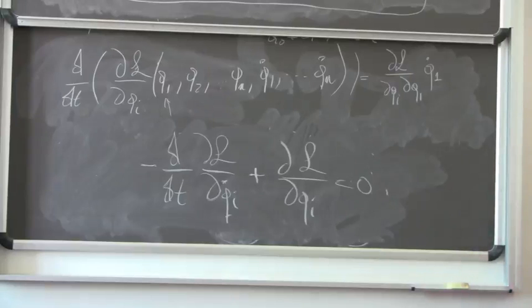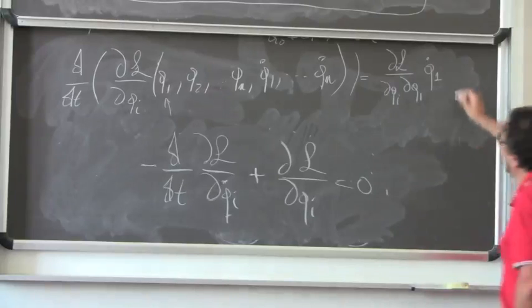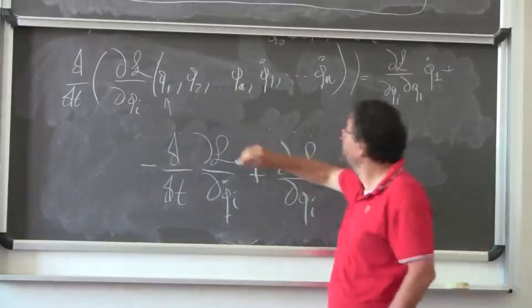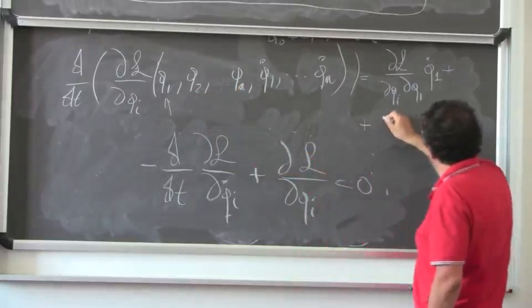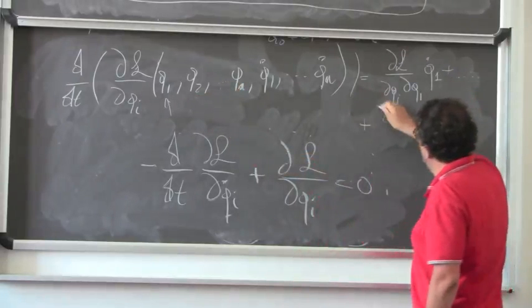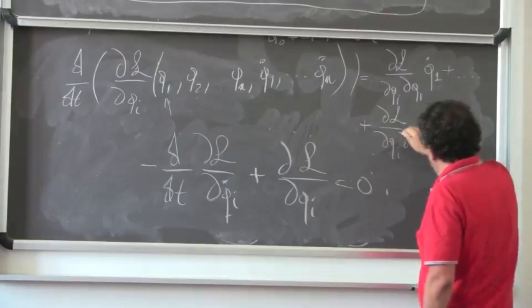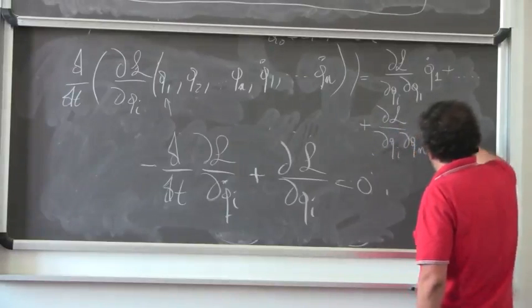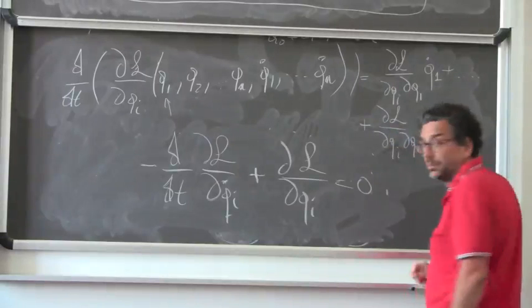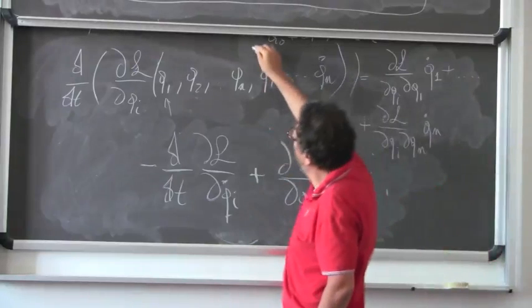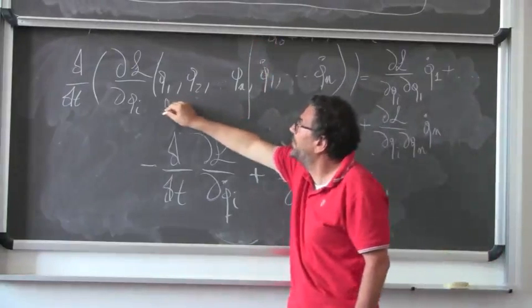Okay? You agree? This is the derivative of composed functions. But I have also q2, ..., qn. So this becomes dot dot dot, dL over dq_i dq_n, q dot n. So I have calculated the derivatives of this group of variables.